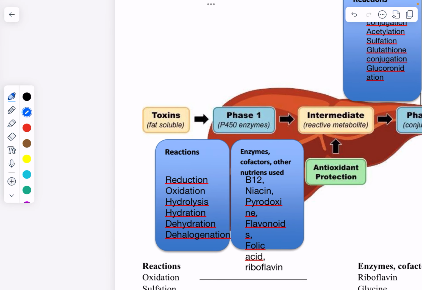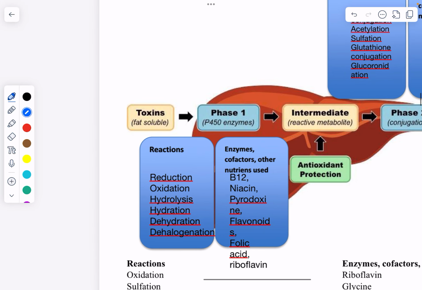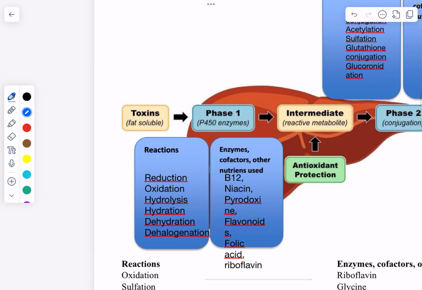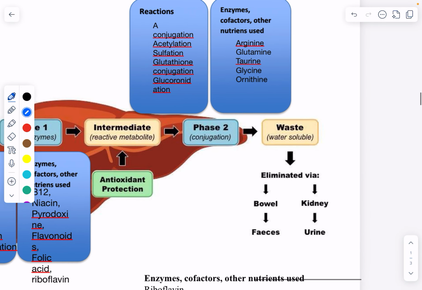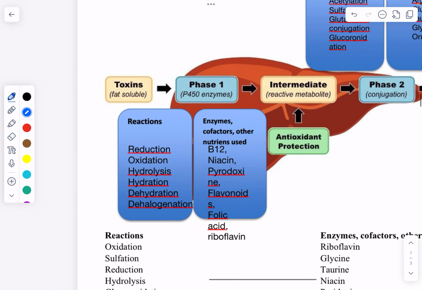In the first phase, we could use enzymes from cytochrome P450. Basically, we try to make the substance more water soluble, and then we conjugate it so we could then excrete it through the kidney and urine.